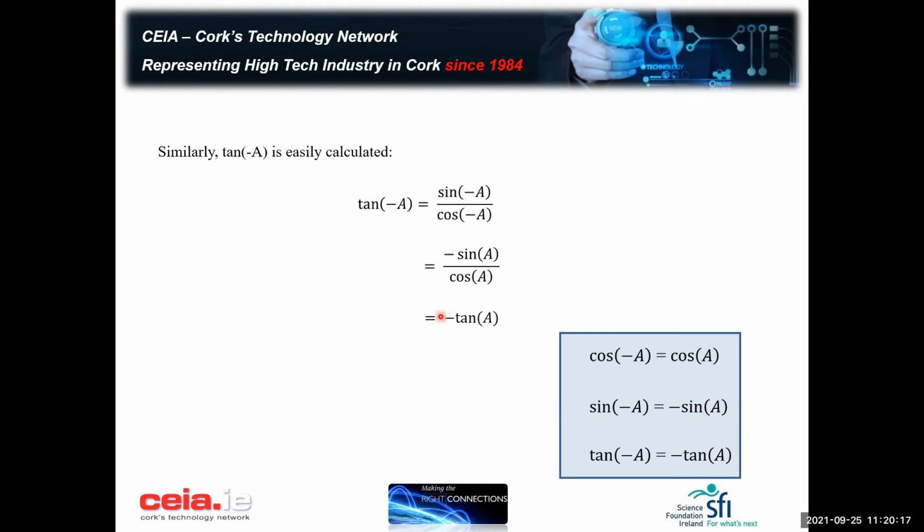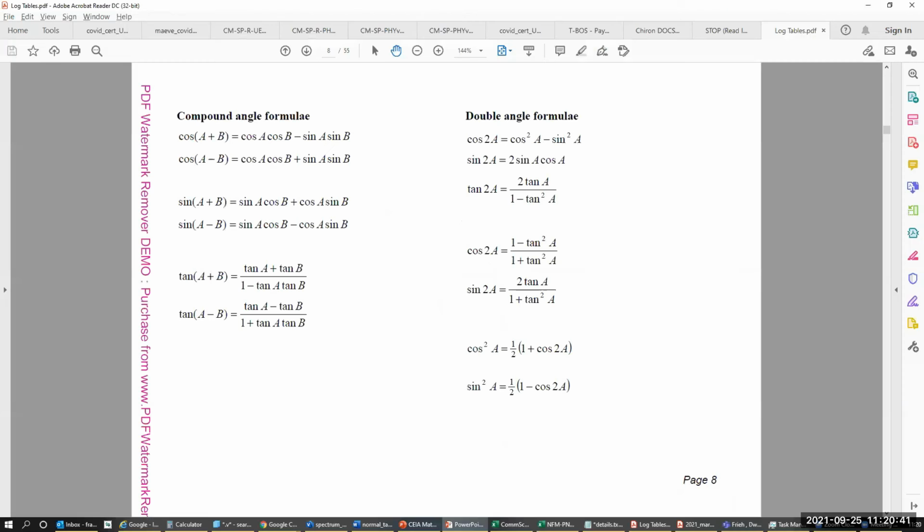And you end up with the overall tan becoming the negative of the original tan. And that brings us to the three formulas here for cosine, sine, and tan of the negative angles. The cosine remains unchanged. The sine and the tan have inverse signs on them.